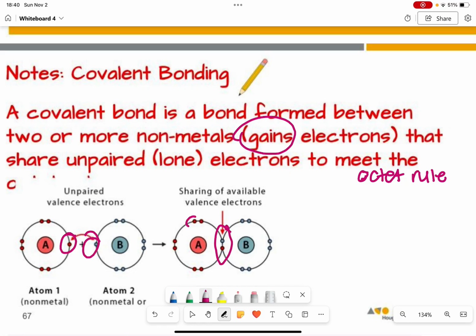For A, it would be 1, 2, 3, 4, 5, 6, 7, 8. And then B, we would do 1, 2, 3, 4, 5, 6, 7, 8. So they both share the electrons that they are giving up to each other, kind of like divorced parents with their children.